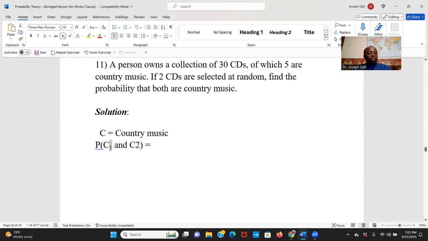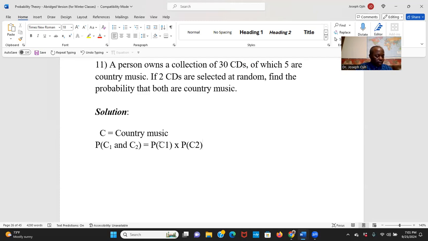Then country music C1 and C2. So it's going to be probability of C1 times probability of C2. That's what we're looking for.